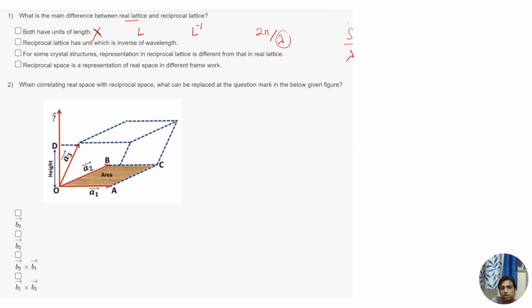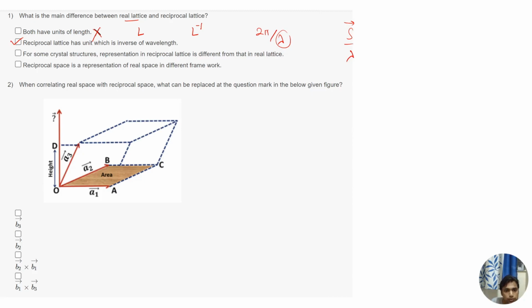You have seen this kind of notation used in some previous slide. So this statement is true. Okay. For some crystal structures, the representation in reciprocal lattice is different from that in real lattice.